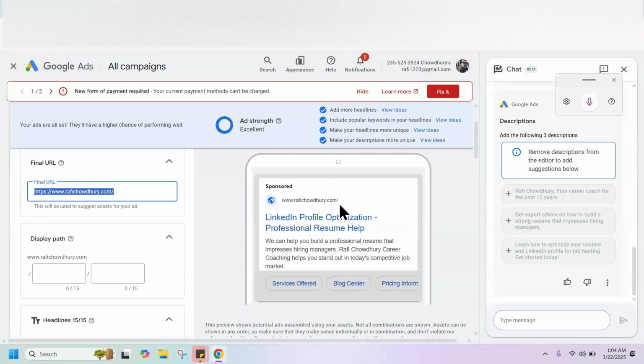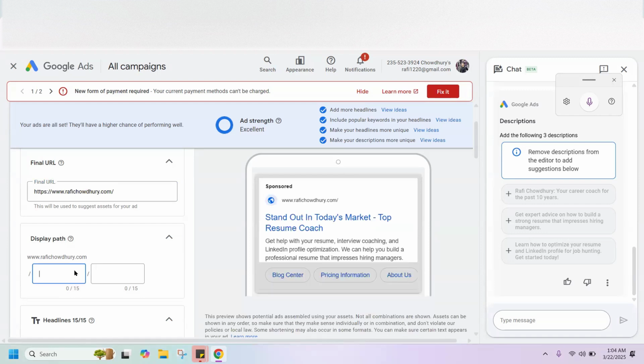No, the display path cannot. We can see the display path. No, brother, this is not like Facebook. We must go to the website when you are seeing the URL.